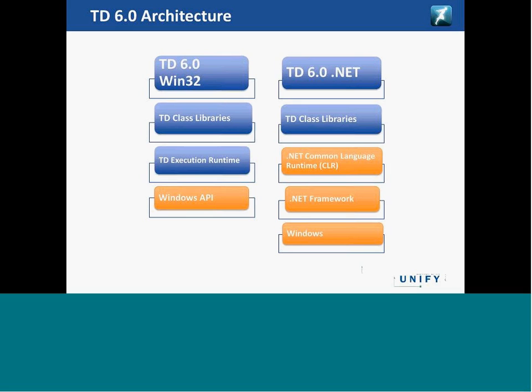This deals directly with the .NET framework, as it itself deals with the Windows operating system or with Windows calls down to some near-processor calls. At this point, there's no Team Developer execution runtime. Everything is done by .NET assemblies, like our Team Developer business assembly, business objects, and our .NET framework.